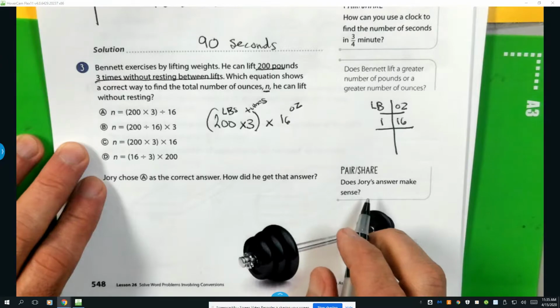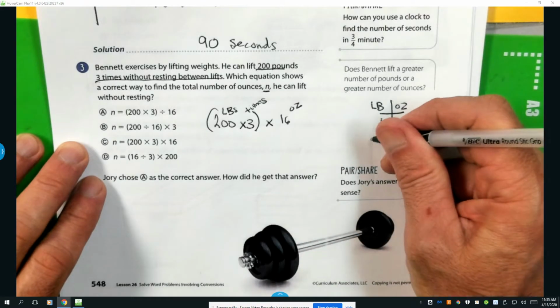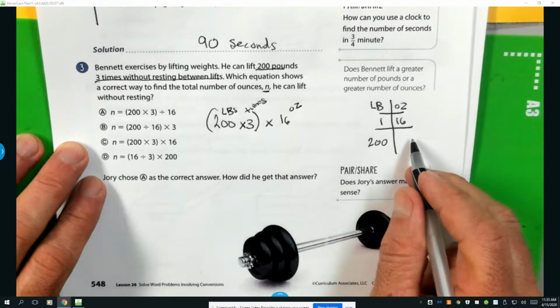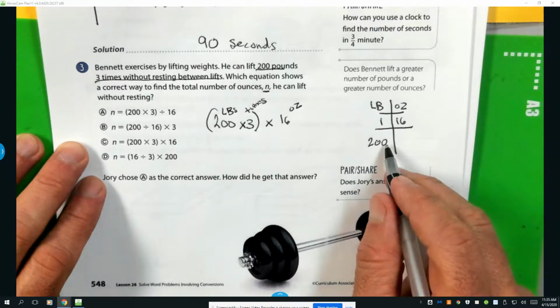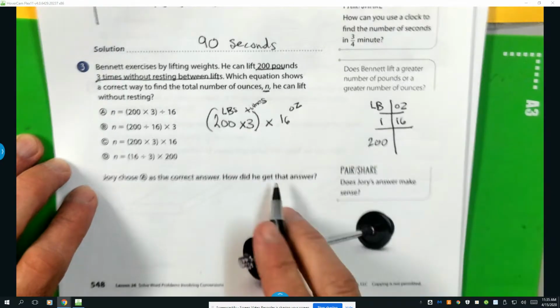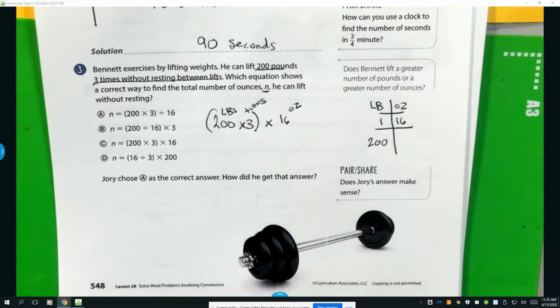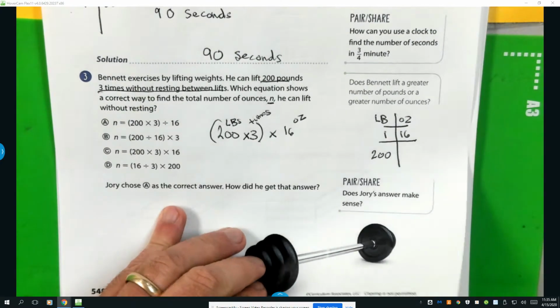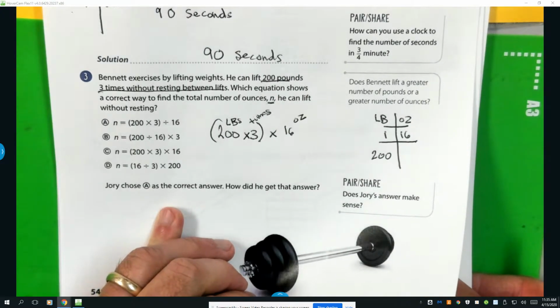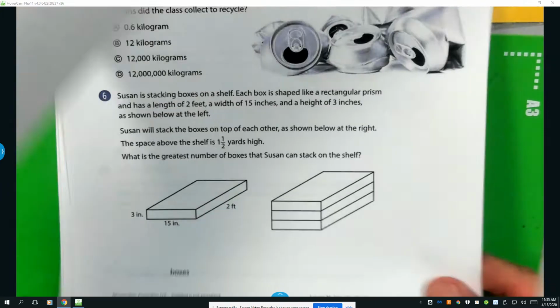Okay? And that's telling you basically if I took 200 pounds, I could multiply it by 16, and that would tell me how many ounces he could lift. Probably the dumbest question I've ever seen, ever. And because it's so stupid, we're going to move on. It's fundamentally not right. I work out, and I don't like things like this. So, hey, yay, amen. Here we go.